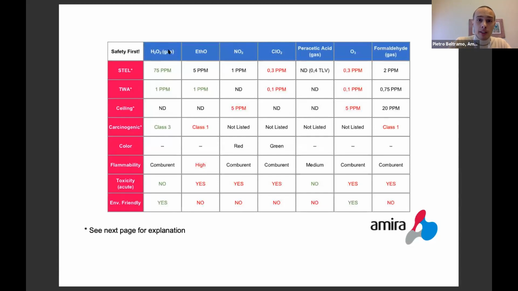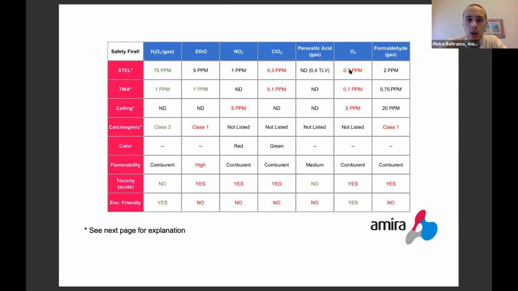So important is, basically, H2O2 is safer, even safer than ozone, because the short limit for the exposure of the operator is 75, while for ozone it is 0.3. So it's 700 times safer than ozone.